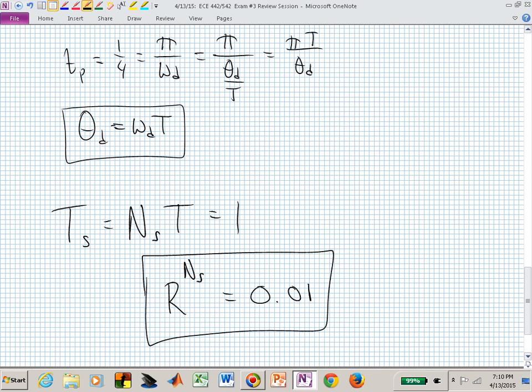You know capital T sub s is 1. If you now know what capital T is, you can solve for capital N sub s, and the only unknown then in that boxed formula is R, and you can now solve for capital R. And z delta, the poles of your transfer function, are R at an angle of theta sub d.